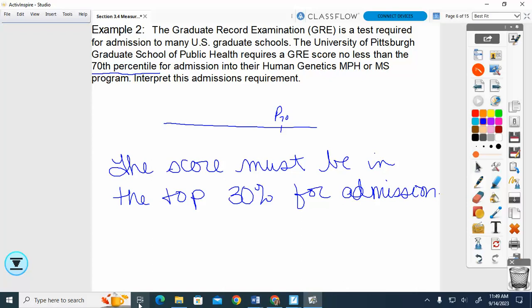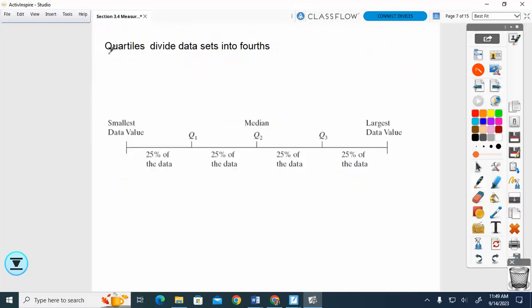top 30. Some specific percentiles that we're interested in are the 25th, 50th, 75th. Those are also called quartiles. Okay, so you have maybe heard of quartiles before. They divide it into fourths.